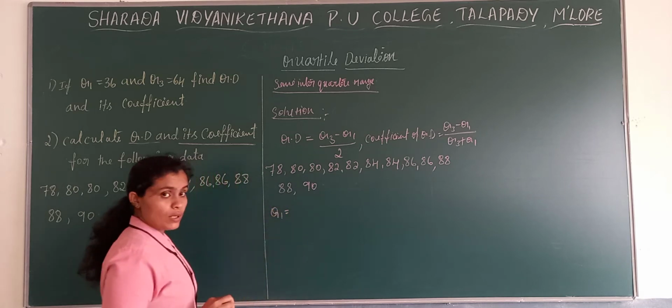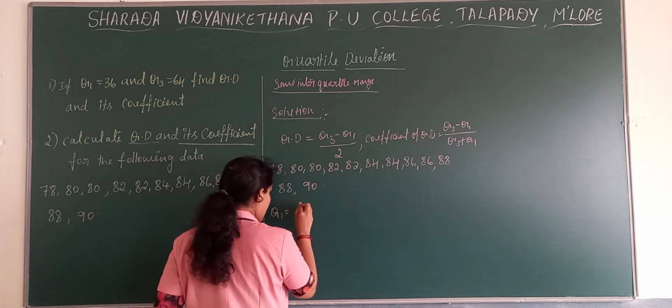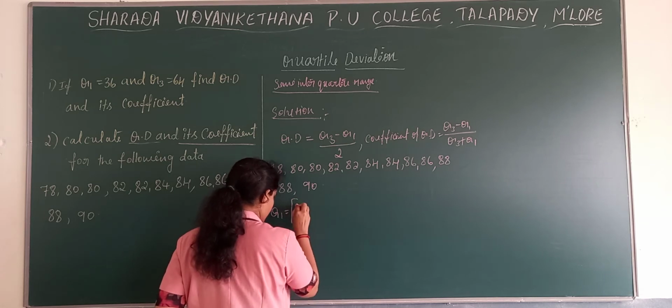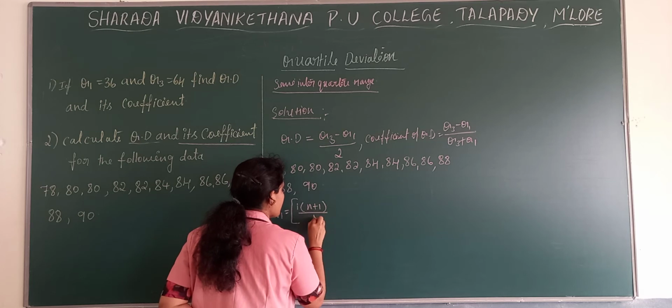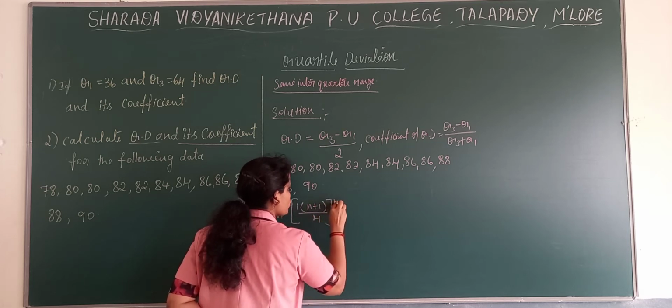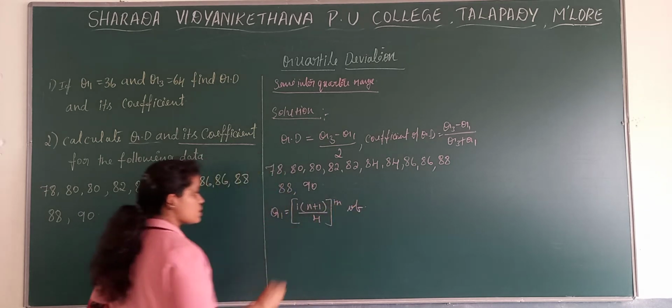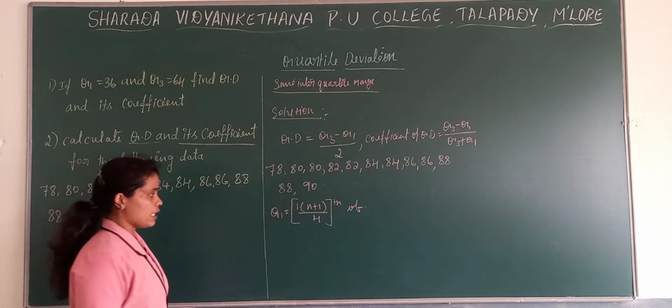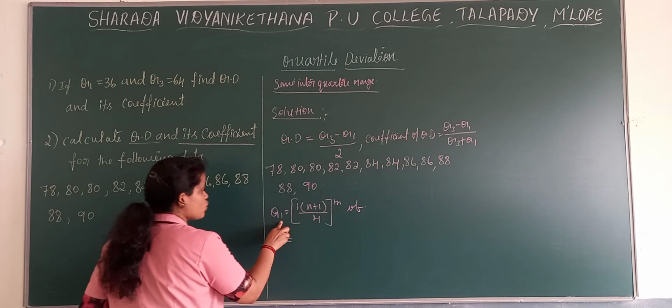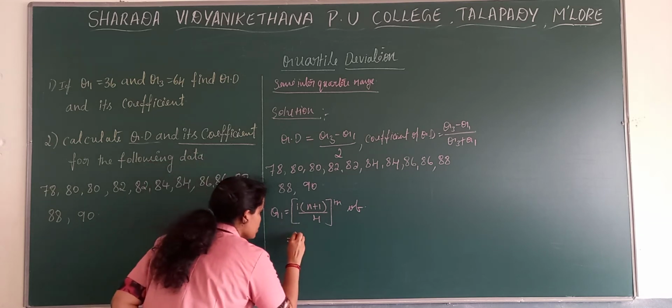Your Q1 formula goes like i into n plus 1 divided by 4th observation. So this is your Q1 formula for ungrouped data. Now I know that i is 1.